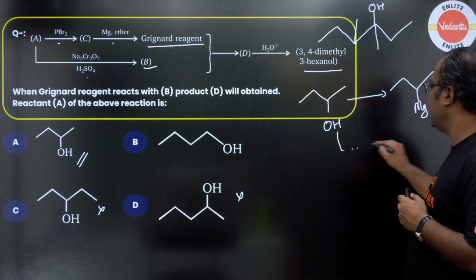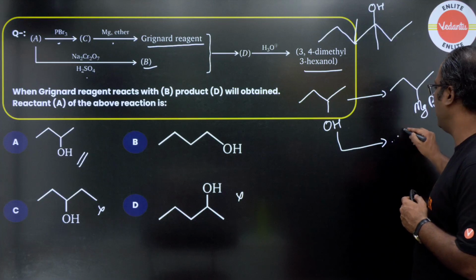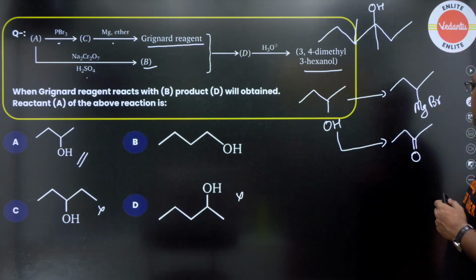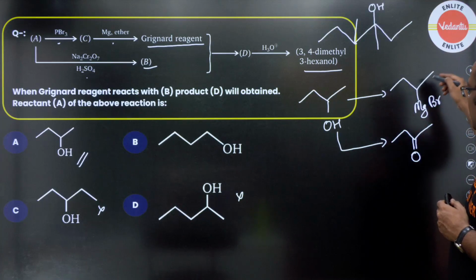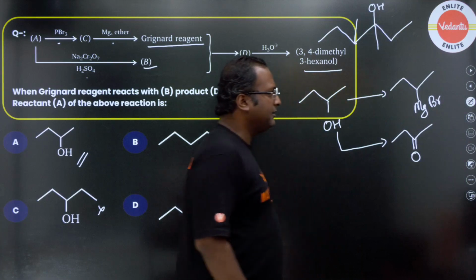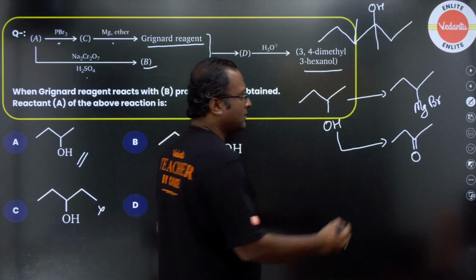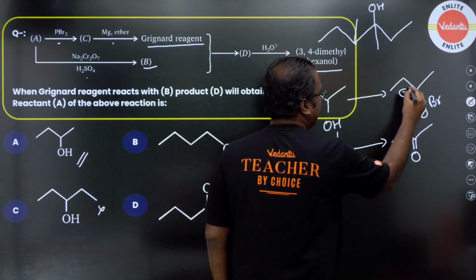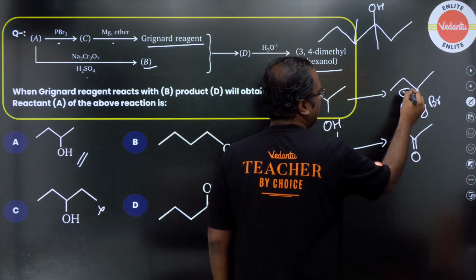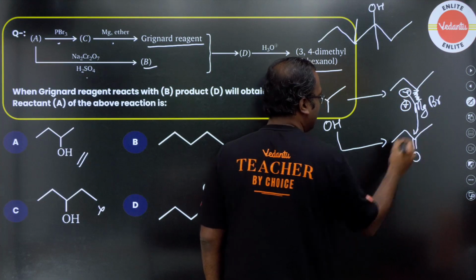Now, when you oxidize it using sodium dichromate, what do you get? You get your ketone here. Grignard's reaction with a ketone, addition reaction takes place, isn't it? We can write Grignard like this. And then the negative charge attacks your carbonyl.